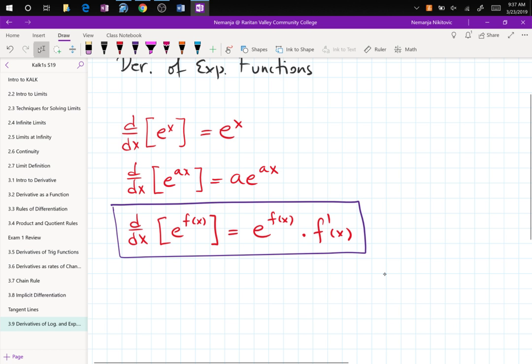So all three formulas are stuck with e. The general case for exponential differentiation is when you allow the base to be any number. So the boss of all exponential function derivatives is this one. Any number in the base, any function in the exponent. You can't go more general than that.